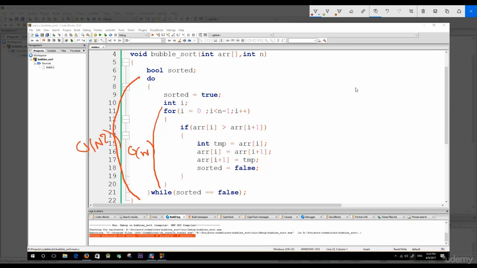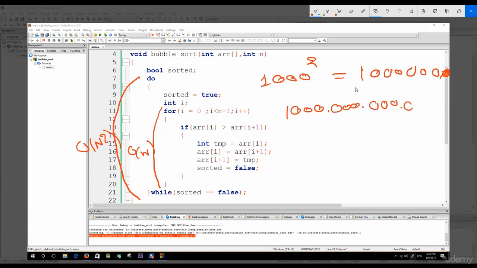Okay? So for example, if I have an array of size 1000 elements, 1000 integers, and I want to sort it with this algorithm, it would take me 1000 squared. So that's 1 million. If I have a 1 million element array, it'll take me 1000 billion operations.